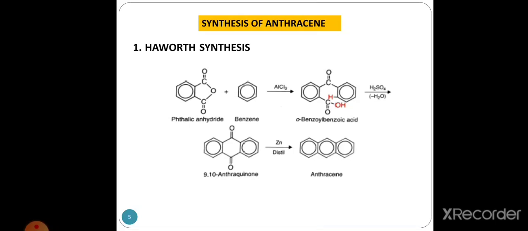This is then heated with concentrated sulfuric acid to give 9,10 anthraquinone. Further, distillation of the anthraquinone with zinc dust yields anthracene as the final product.